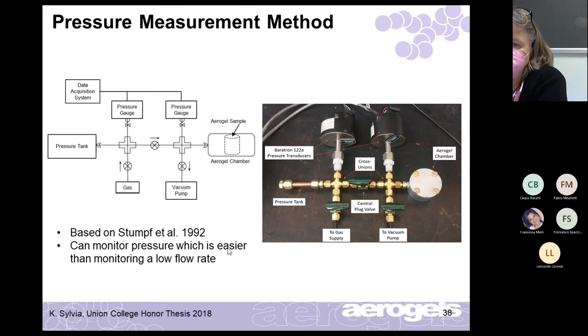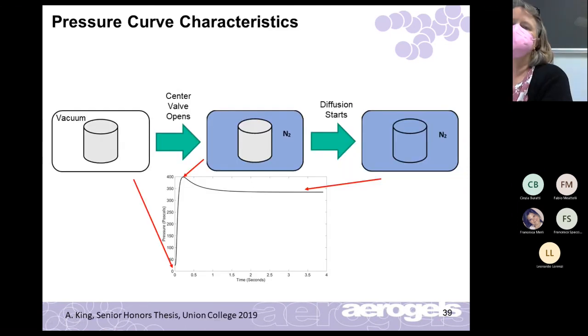So this is pressure, the pressure we measure in that tank, and this is time. And so initially, this is our tank. We have our aerogel in the tank, and everything's been evacuated, so there's nothing there. We open the valve, and the pressure rises, right, from vacuum, up to some number approaching what we pressurize it at, because the tank fills up with the nitrogen.